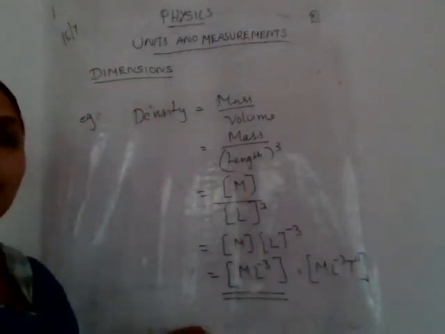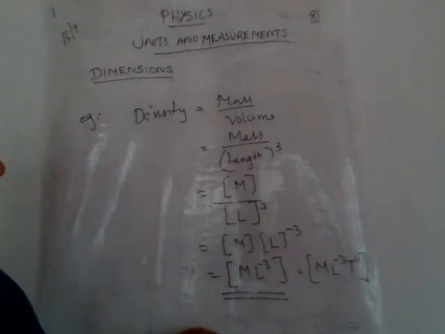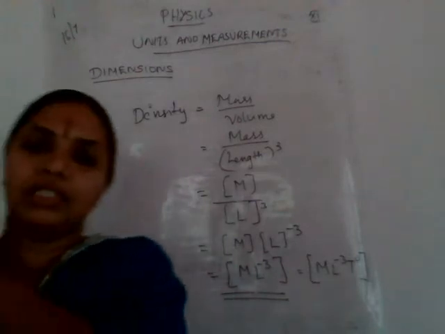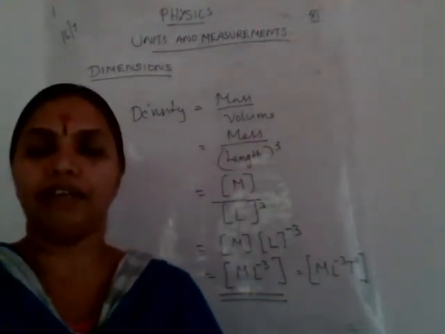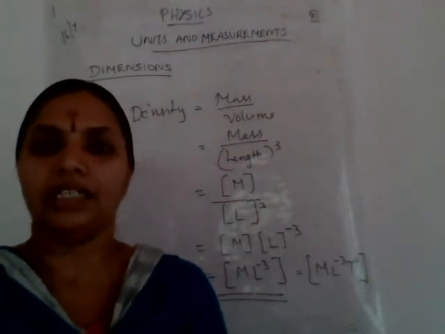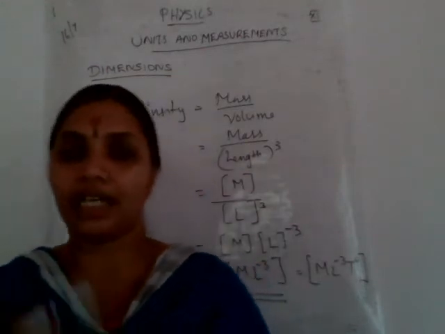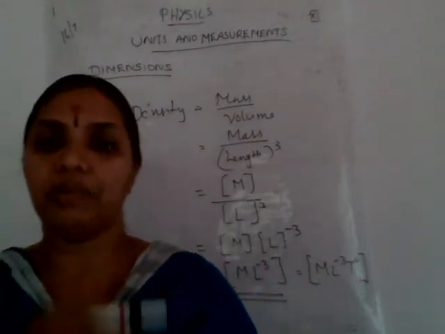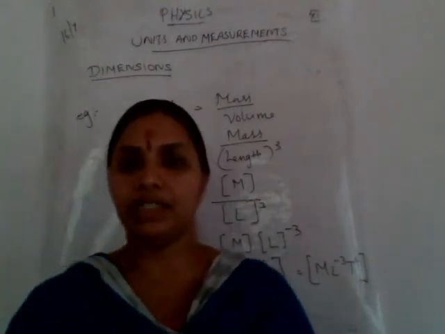So this is the example for dimension. These dimensions you have to derive and study. No need of by-hearting. If you know the relation between the physical quantities, you can derive the dimensions. For 2-3 examples you can write.